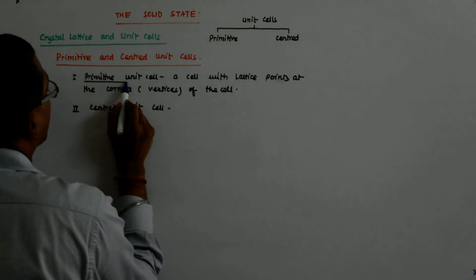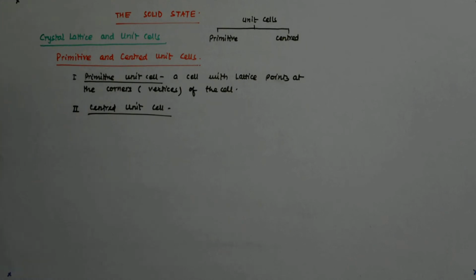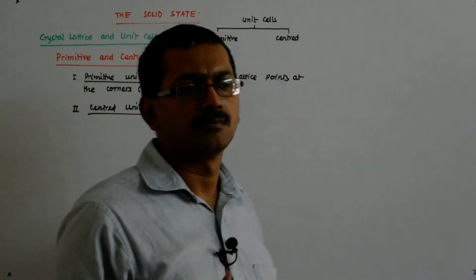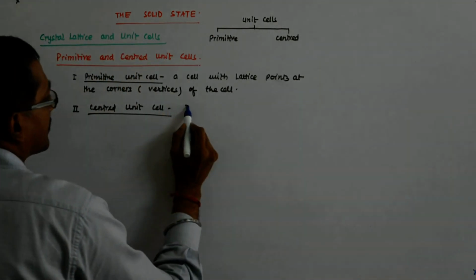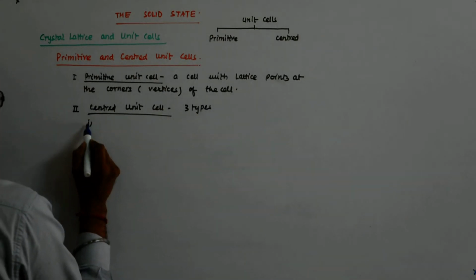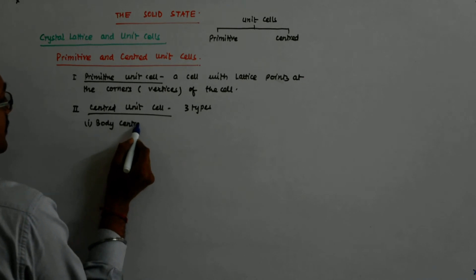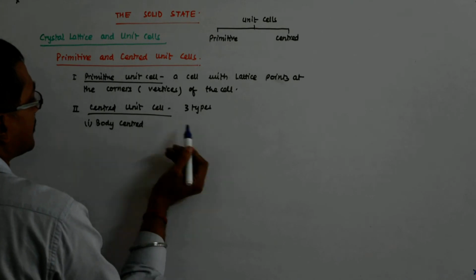The centered unit cell, as the name suggests, has something at the center, and depending on what center we are talking about, there are three types of them. Three types. The first is the body centered unit cell.